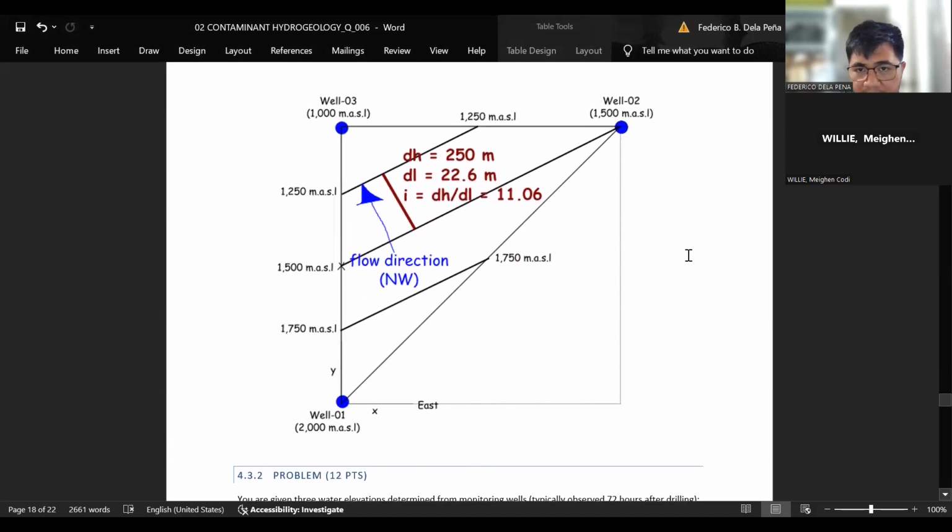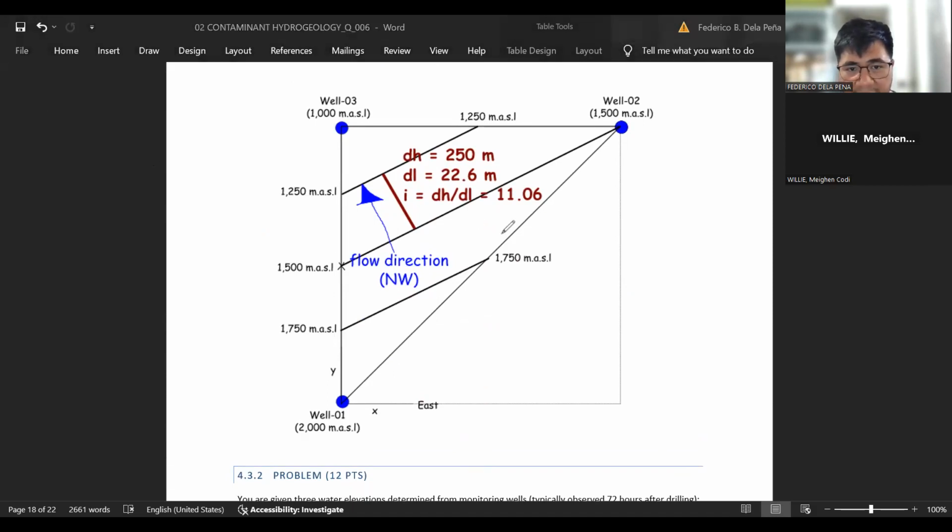Now, the beauty of this diagram is that if you're familiar with interpreting topographic maps for elevations, you can calculate the topographic slope by simply measuring the horizontal distance between two contours.